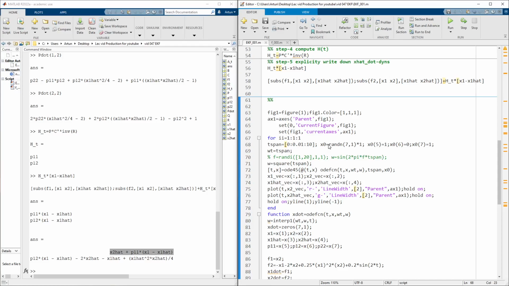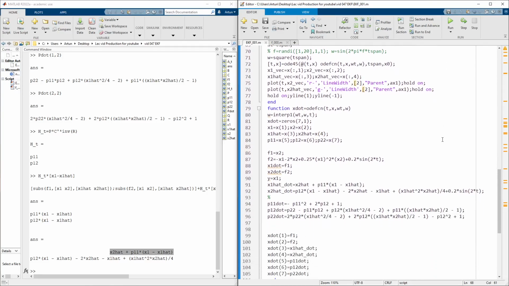And since P of 0, if you recall, was the identity matrix, meaning P11 of 0 needs to be 1, P12 of 0 needs to be 0, and P22 of 0 needs to be 1. That's why those three terms are appearing here.